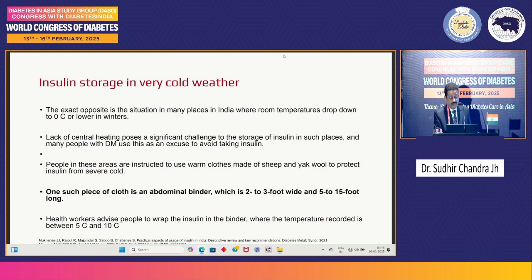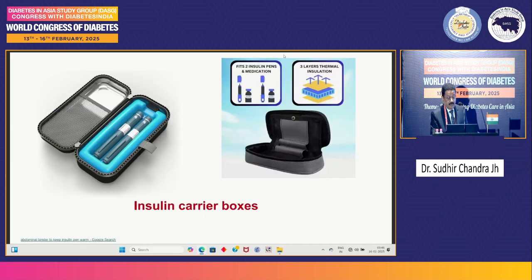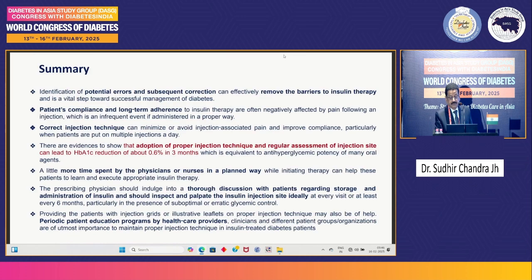Health workers advise people to wrap the insulin in the binder, where the temperature recorded is between 5 to 10 degrees centigrade. For guidance on traveling with insulin, the most important thing is to keep insulin in the hand luggage, never in the check-in luggage. Now these are the insulin carrier boxes.